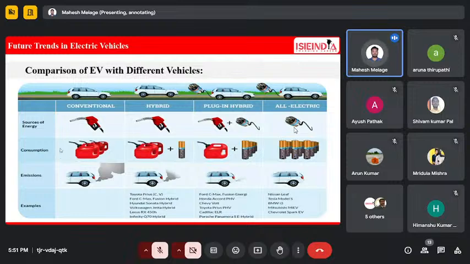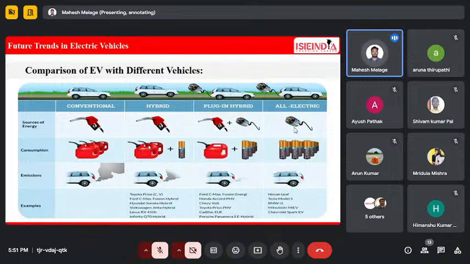So what is the difference between the hybrid electric vehicle and the plug-in hybrid electric vehicle? In the hybrid electric vehicle, the energy source is only fuel. The fuel runs the IC engine.